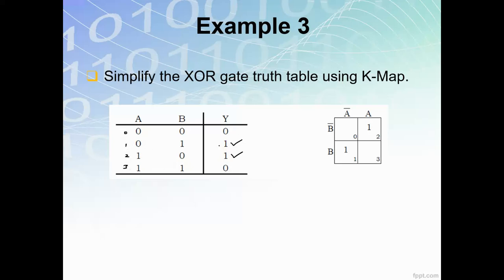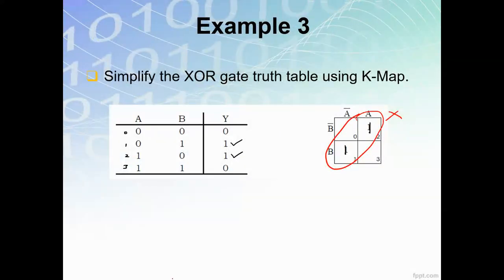So we have an output of 1 at cell 1 and an output of 1 at cell 2. When we draw the loops, we can't draw a loop crossing like this. That is wrong. There's no cross loop in your K-maps.